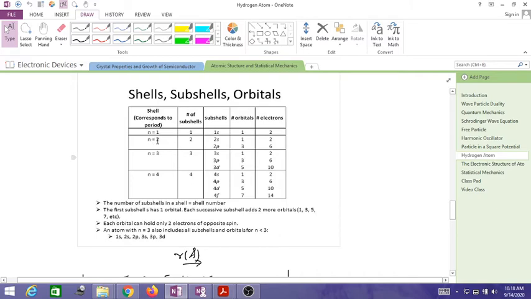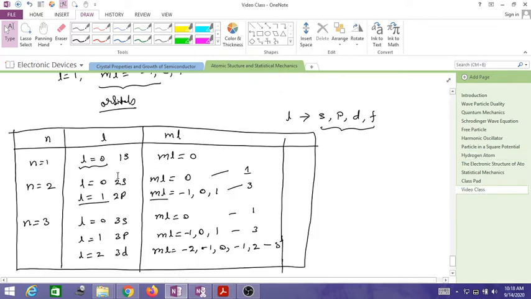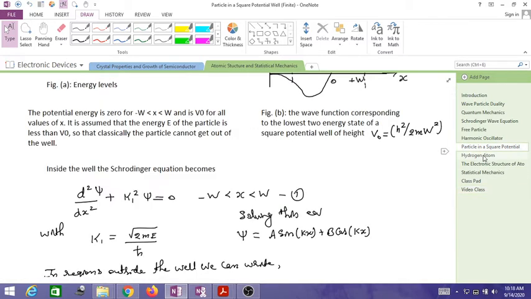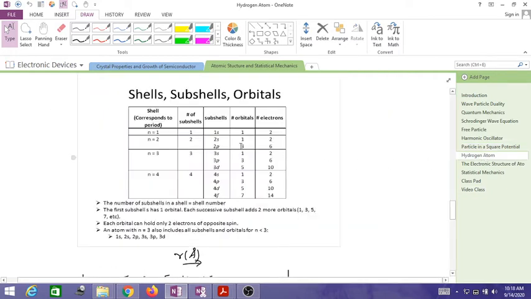When n is equal to 2, the L value can be two values, that is 0 and 1. So it means we have 2s and 2p subshells, and as you can see, for L equal to 0, ML can take a value 0, and for L equal to 1, ML can take values of -1, 0 and 1. So that is what is shown here. So it means it is 3 orbitals.